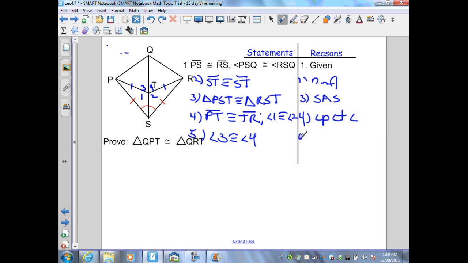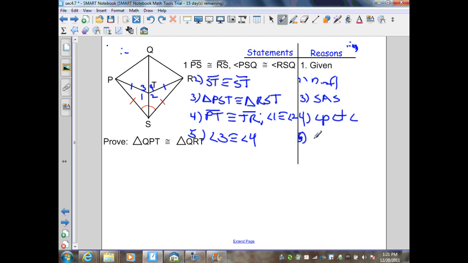But we have a property that we have identified earlier that states I have two angles, 3 and 4, that are supplementary to two angles that are congruent or the same angle. And if that is true, then these two angles must be congruent, and congruent by the method that I just stated.